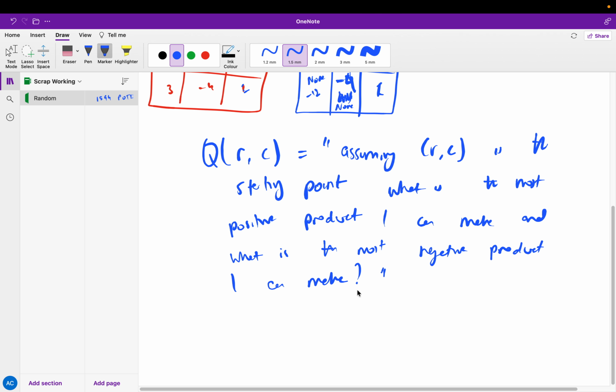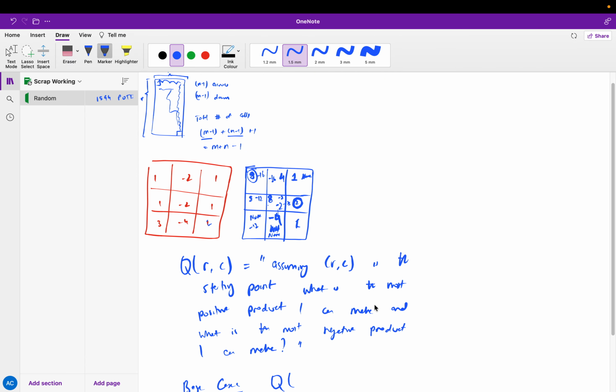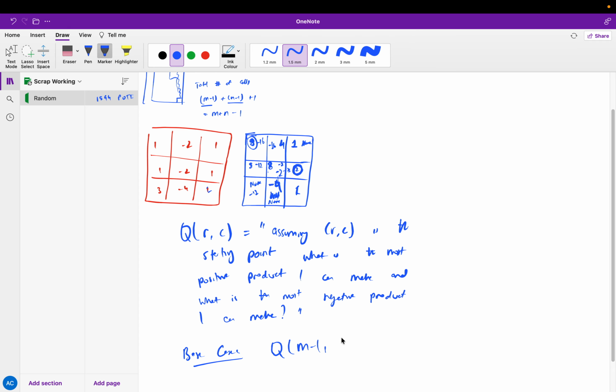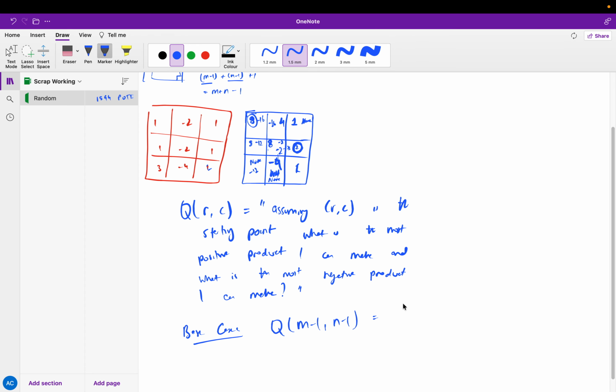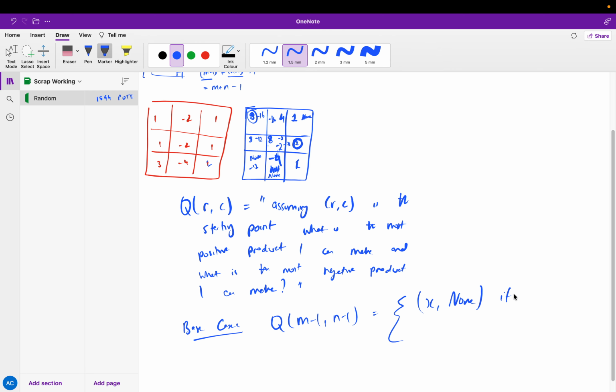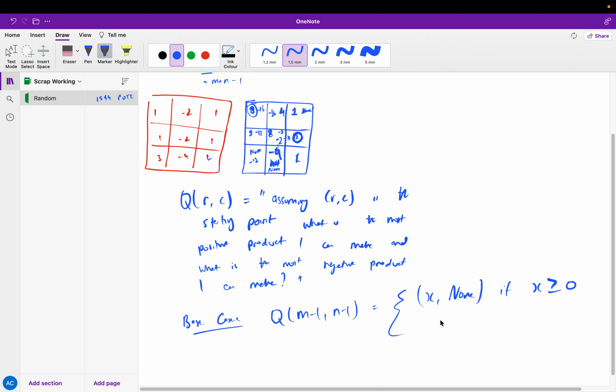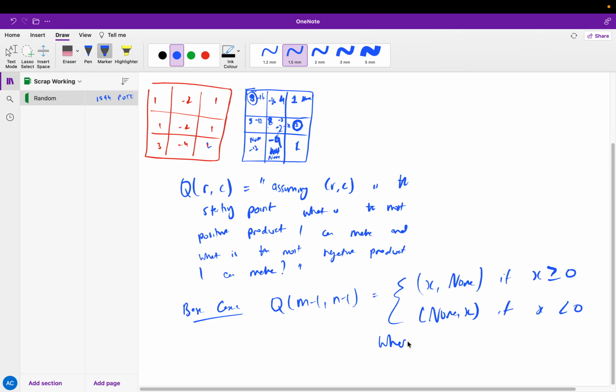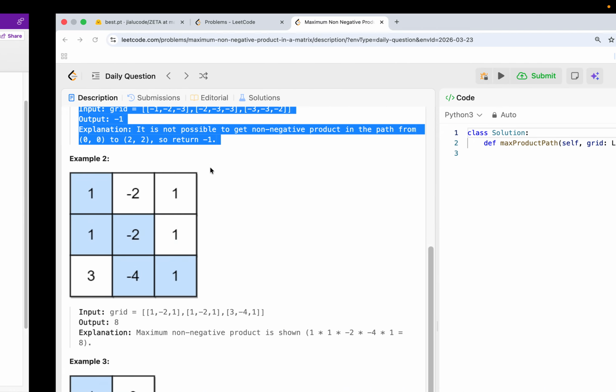And then as a base case, the Q of row m-1, because there are m rows, and column n-1 is equal to either (x, none) if x is greater than or equal to 0, or (none, x) if x is less than 0, where x is equal to, we'll call it, what was this thing called, grid or something?